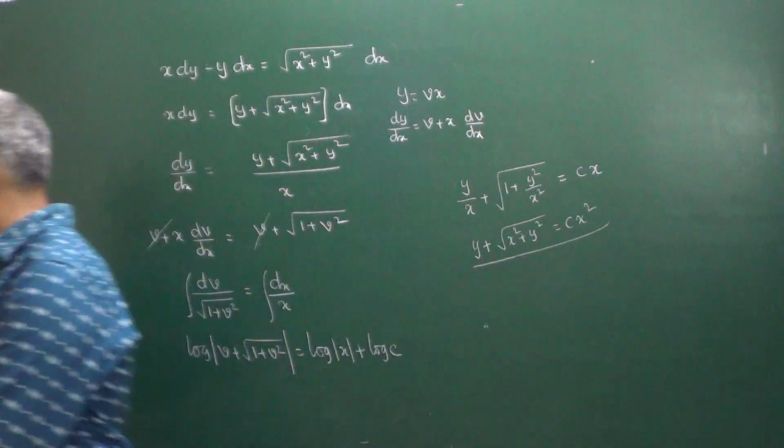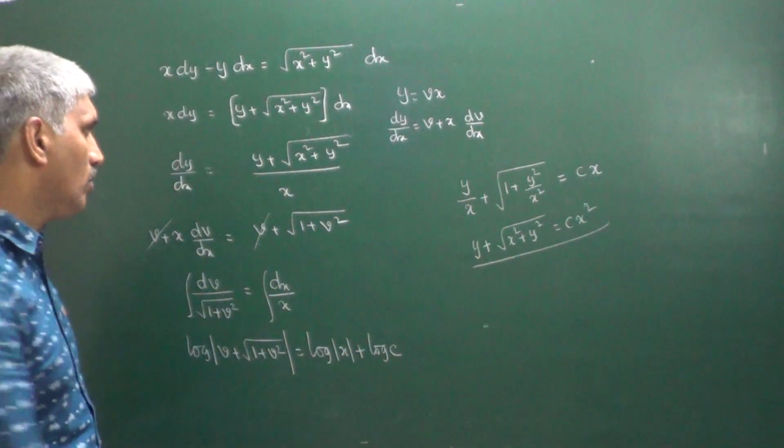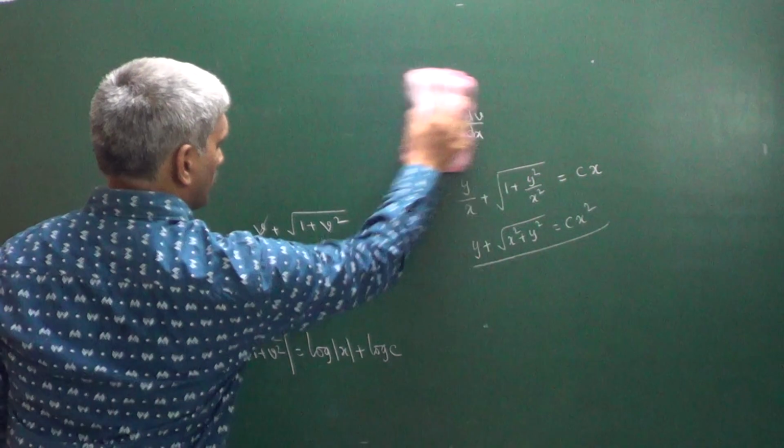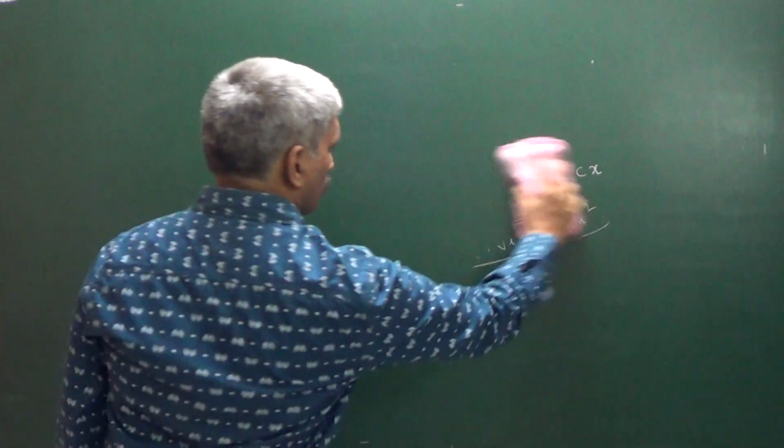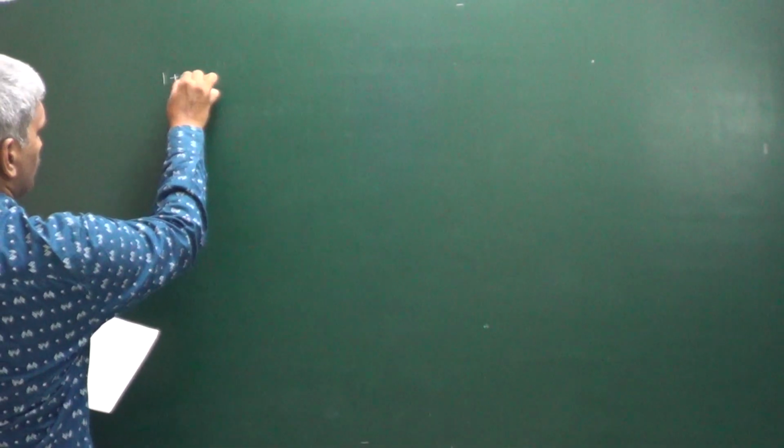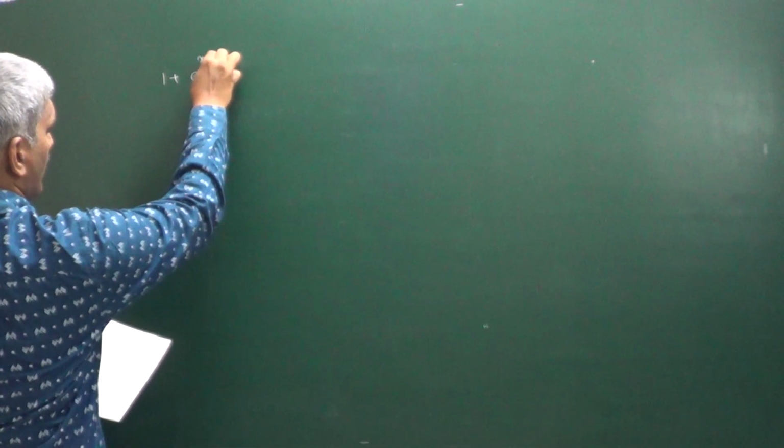That is the way of finding the solution for the given homogeneous differential equation. Let's have a discussion of another question here. The other question is given in this way: (1 + e^(x/y)) dx + e^(x/y)(1 − x/y) dy = 0.